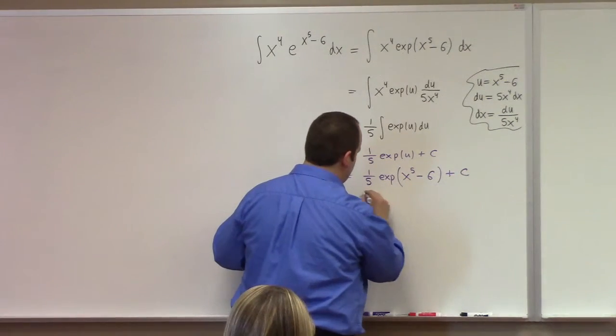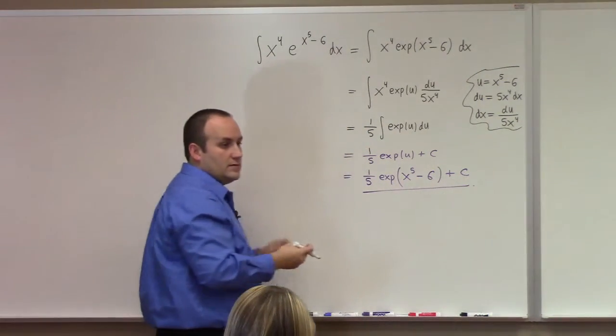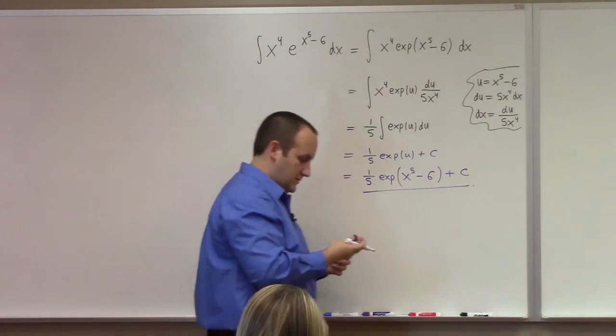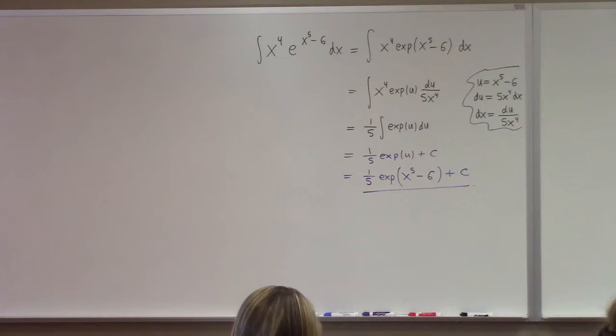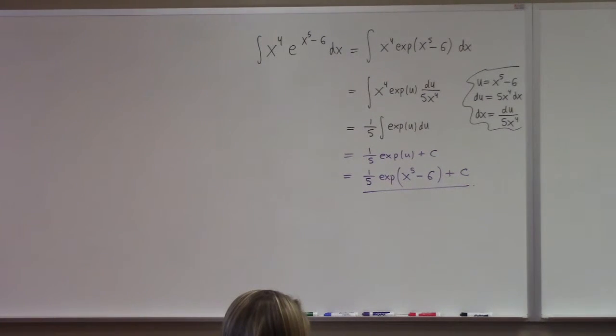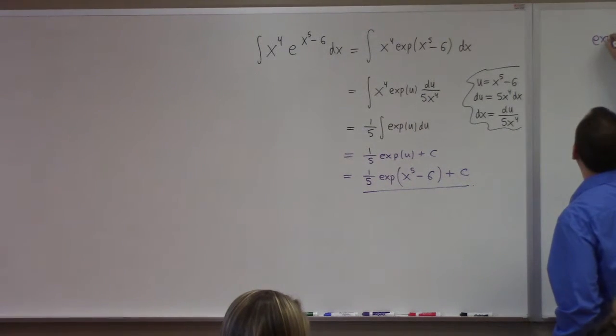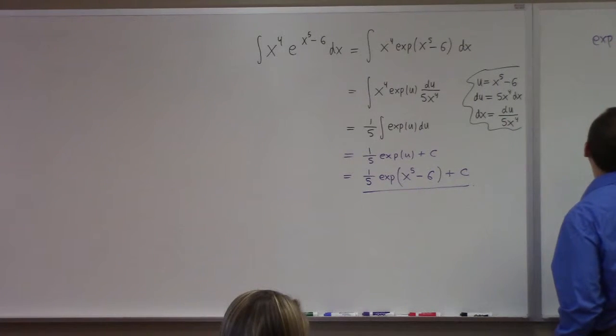Now, is that what you got? So what do you think the hang-up was? Actually, no, that is what I got, I think. Was that your question? So exponential of u is just another notation for e to the u, right?